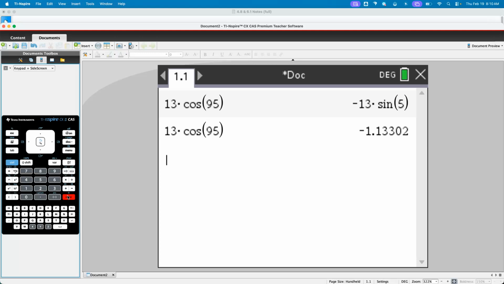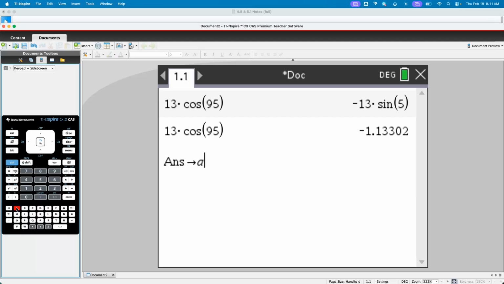Now, here's what I'm going to do. I'm going to store that because we're going to be using it a lot. Control var tells me I can store it, and I've got 26 options down here. I'm going with A because it's the first one.